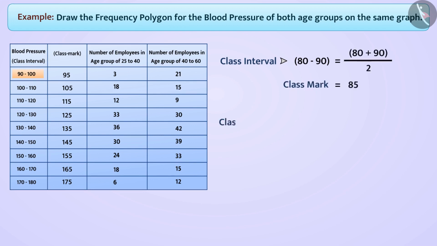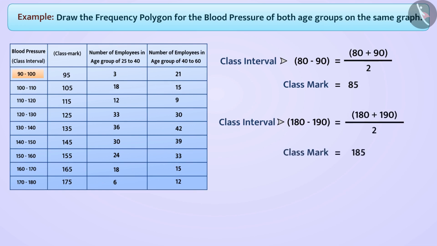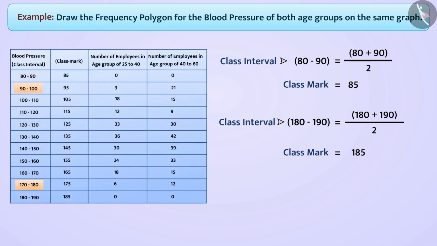Similarly, we will take class interval 180 to 190 with frequency 0, whose class mark is 185 after class interval 170 to 180. In this way, the class mark is from 85 to 185.